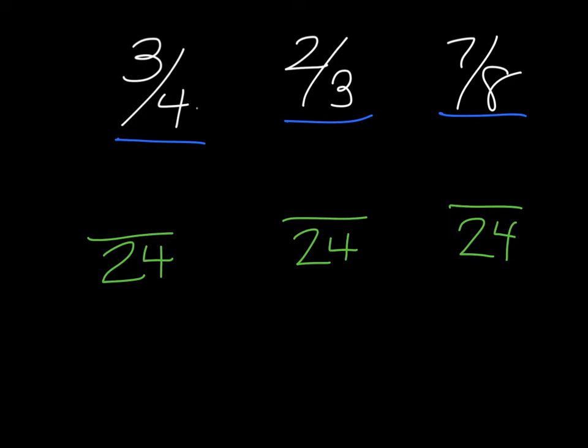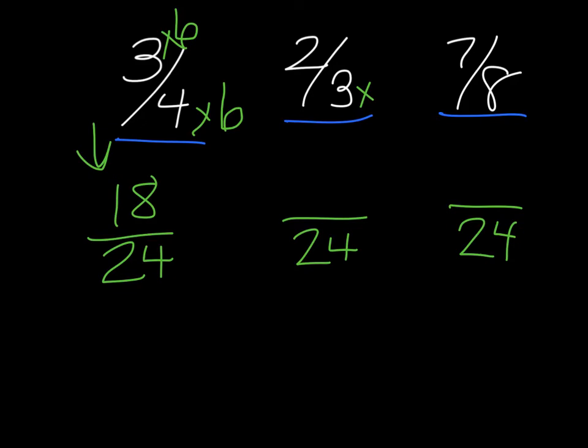So now we have to think to ourselves, 4 times what gave us 24? And so we know that 4 times 6 gives us 24, so I have to do 3 times 6 for my equivalent fraction. So 3 times 6 is 18. All right, then I go to my 3. 3 times what gives me 24?